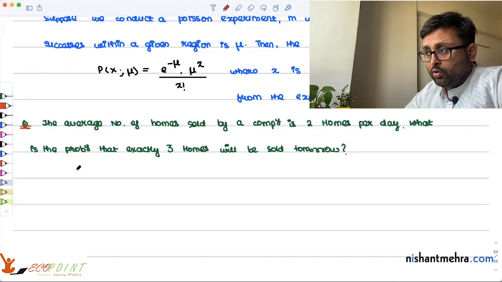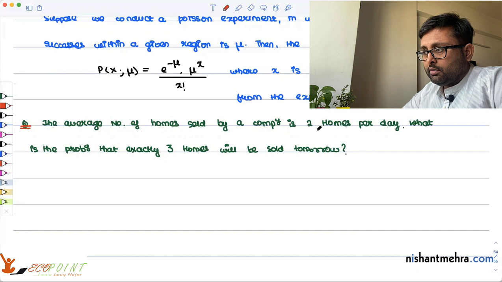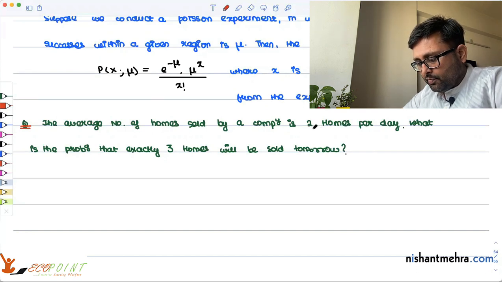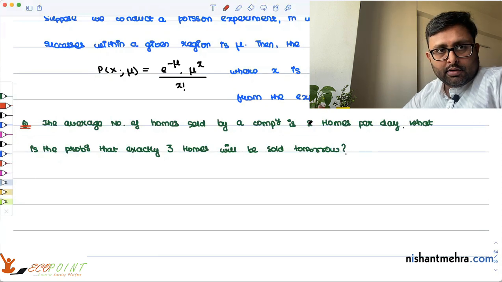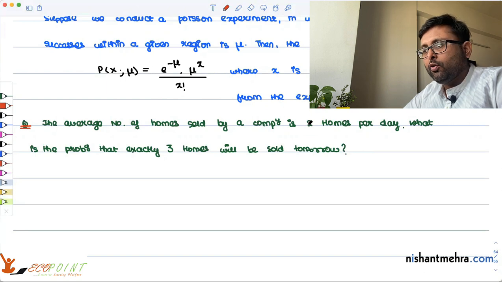So you know that this is a Poisson experiment. You are given the average, and the probability of selling one home is independent of the probability of selling another home, right?